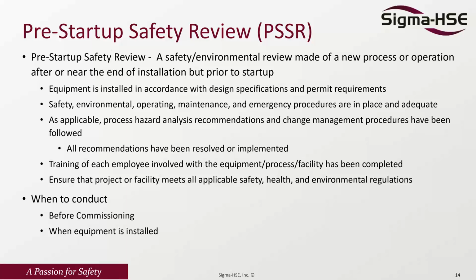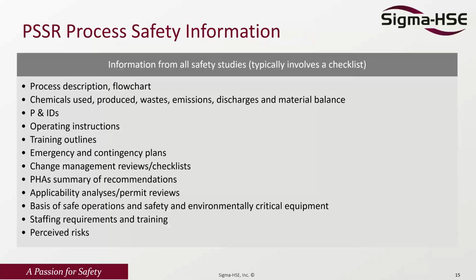Process safety information needed for a PSSR is pretty much everything up to this point: P&IDs, the chemicals, operating and training, emergency and contingency plans, any management of change, PHA recommendations, permit reviews, and any additional perceived risks that are picked up during the field walk.